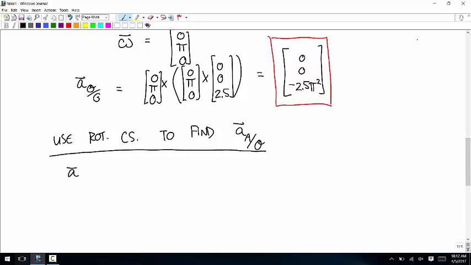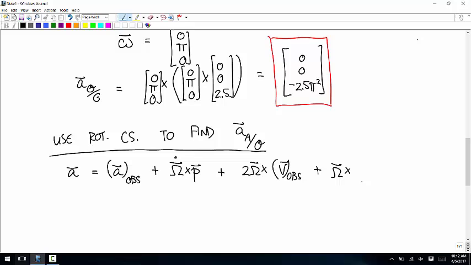So the equation says A is equal to, I'm going to write it as the observed acceleration plus capital omega dot crossed with the position vector plus 2 times capital omega crossed with the observed velocity vector plus capital omega cross quantity capital omega cross p.